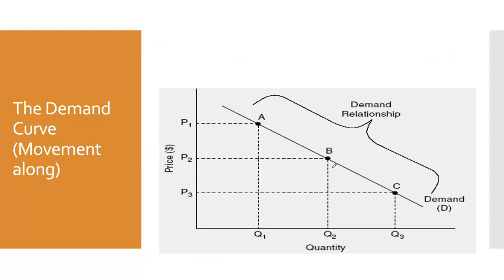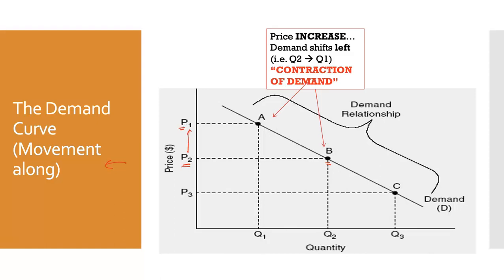So here is our demand curve, and let's consider an example of movement along. In this case, if I have originally started at point B, so price 2, and for whatever reason, price increases to price 1, I am going to have a price increase, and the demand has moved left from Q2 to Q1.